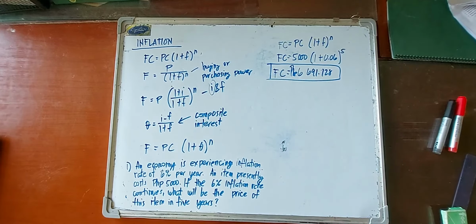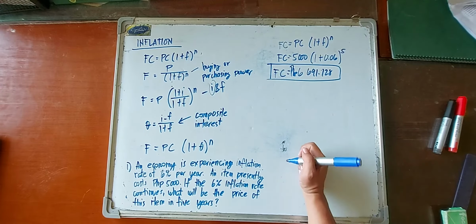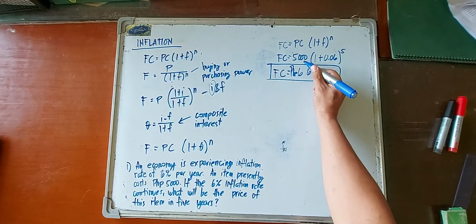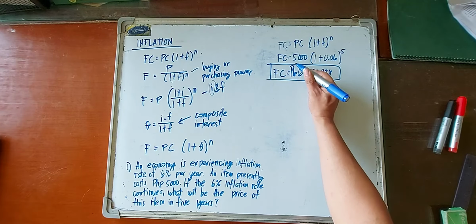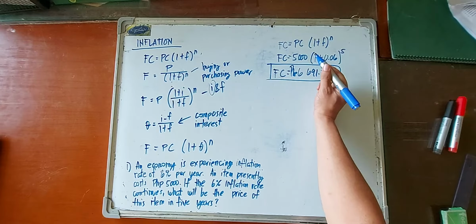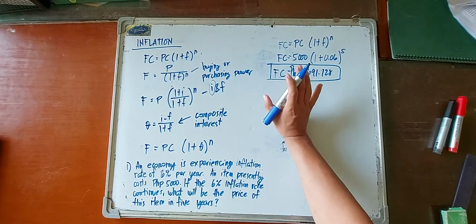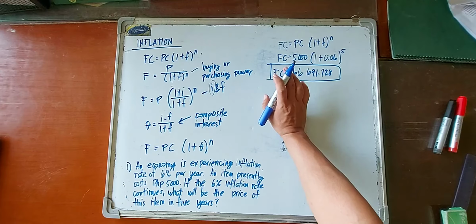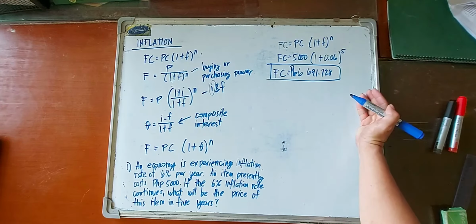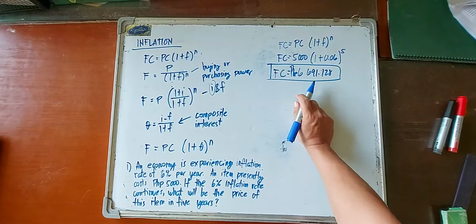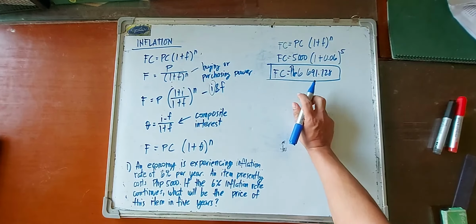Okay? Ayan. So, kapag pwede mo nang bilhin yung item ngayon, bilhin mo na. Halimbawa, meron kang 5,000. At yung cost ng commodity ay 5,000 din. O, hindi mo siya binili ngayon. So, na-stuck yung 5,000 mo. So, after 5 years, gusto mong bilhin ulit yung item, pero ang cost niya ngayon ay 6,691 pesos na.